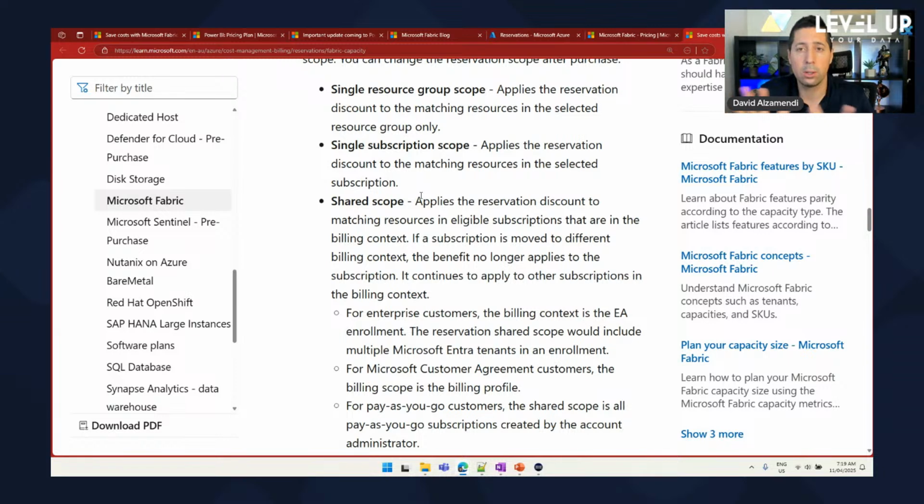So let's imagine for a second that you have 3 Fabric capacities running at F16. The total would basically be an F48 capacity, which doesn't exist, but 3 times 16 is essentially 48.